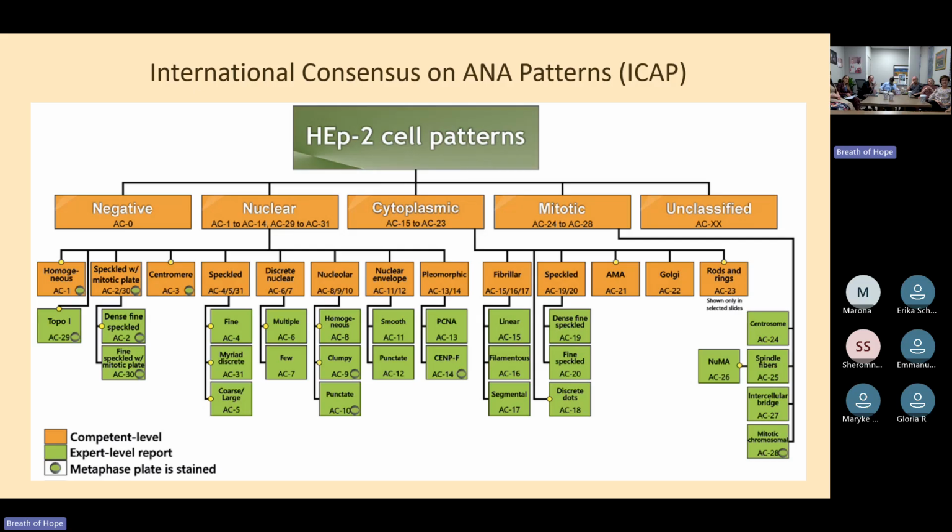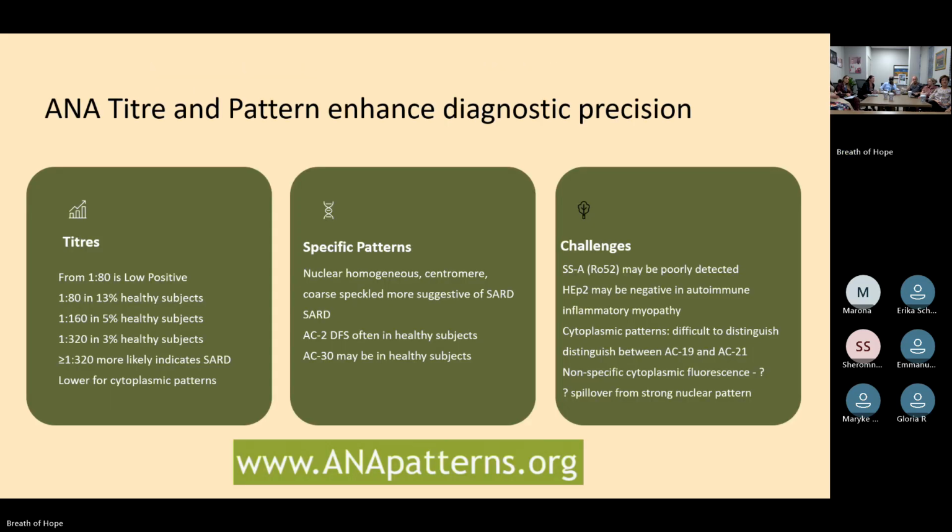All right, we're going to go into more detail, but this is the overview of the classification that we follow. As I mentioned, the screening titer is 1 in 80. If we can see fluorescence at 1 in 80, then we call it low positive. But a positive ANA doesn't always mean autoimmune disease, because you can have positivity in healthy subjects.